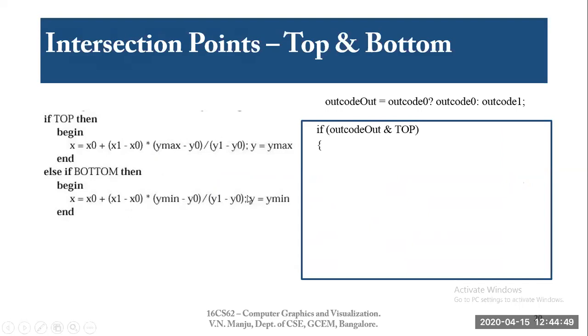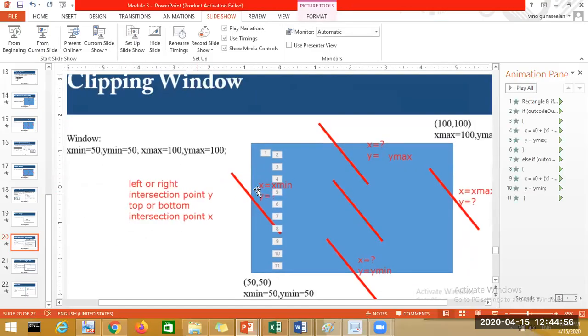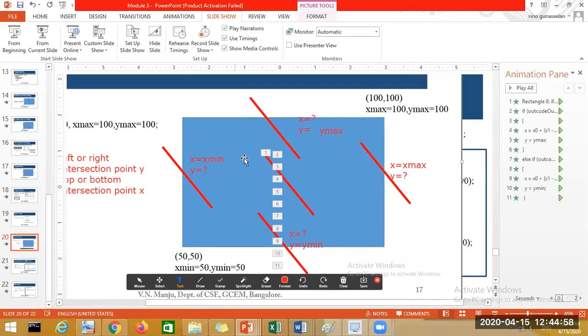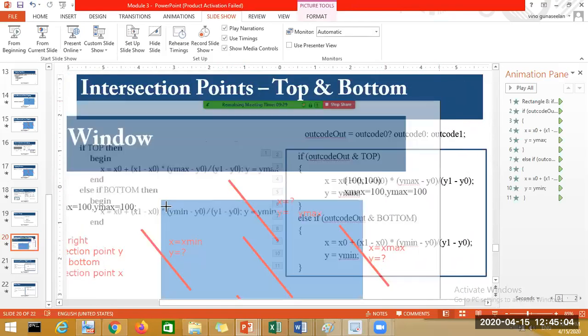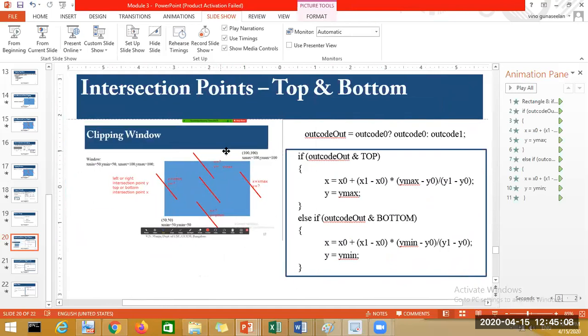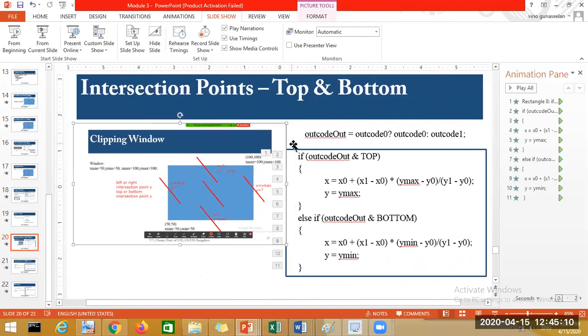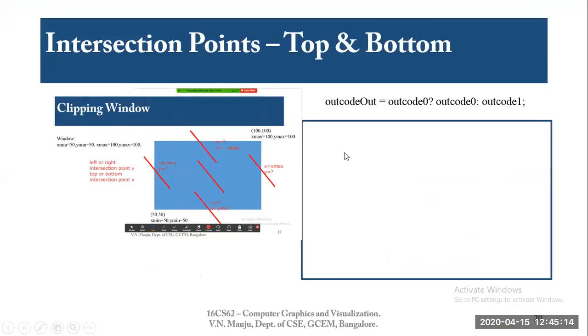For the top intersection point, what did I say? For the top, the intersection point is x.